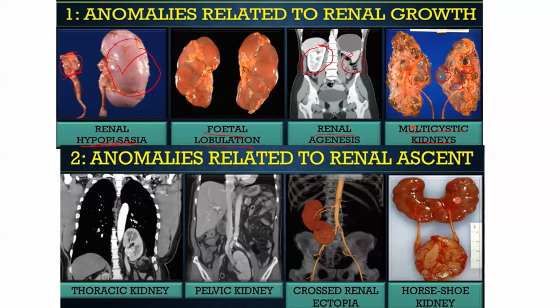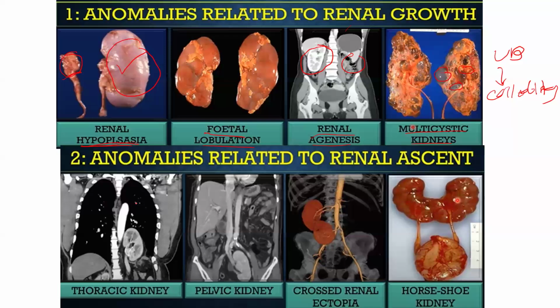Remember, the ureteric bud gives rise to the collecting system, the one which collects urine from the nephrons and delivers it to the bladder. So failure to establish communication between the nephrons and the ureteric bud means that urine will accumulate within the nephrons and form cysts.